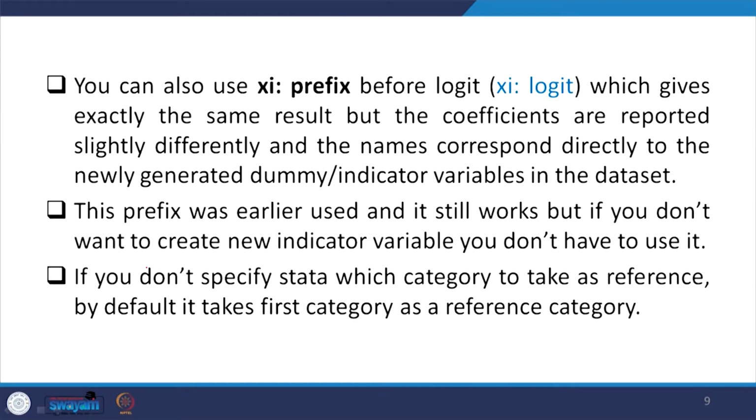We can also use xi from the very beginning for conditioning the model with categorical variables, like prefixing xi to logit, which gives exactly the same result, but the coefficients are reported slightly differently, with names corresponding directly to newly generated dummy or indicator variables in the data set.